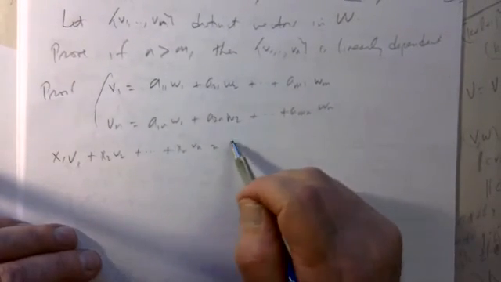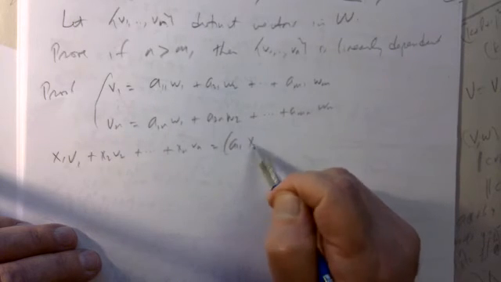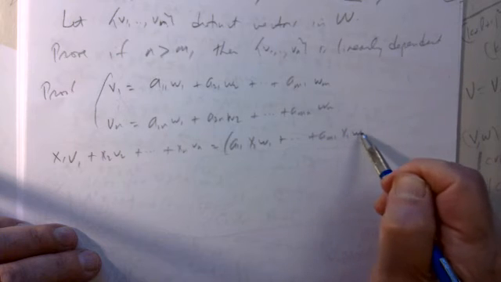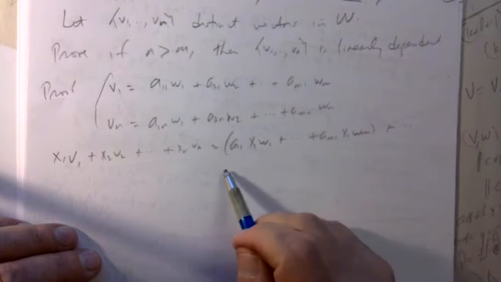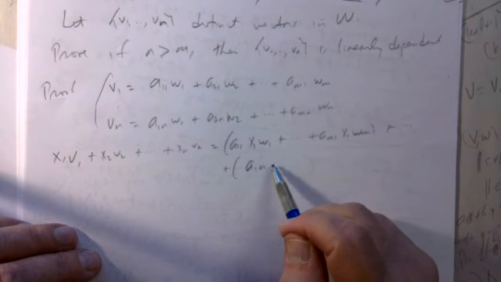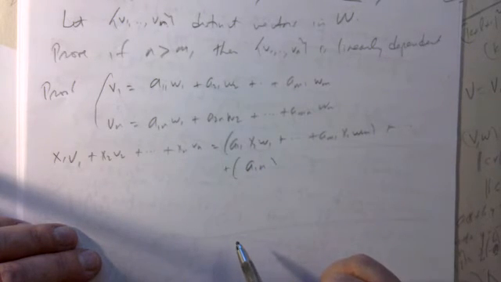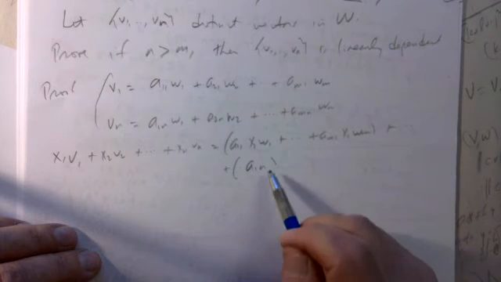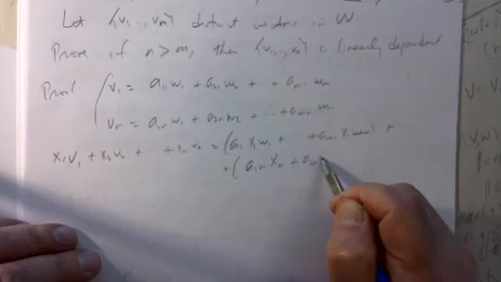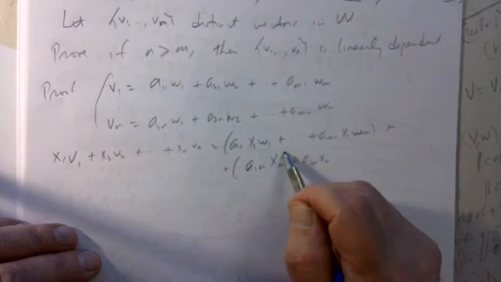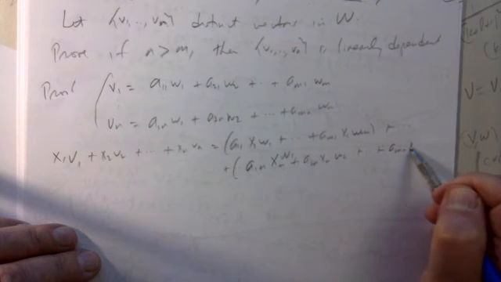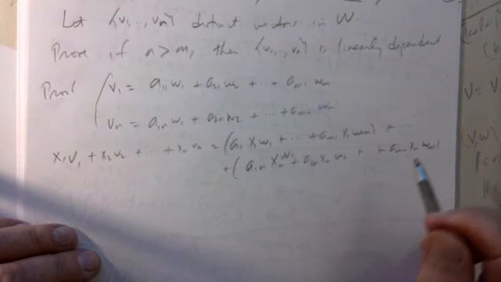You have a11 x1 w1 up to am1 x1 wm, up to this last equation, which I'm multiplying by xn: a1n xn w1 plus a2n xn w2 up to amn xn wm.